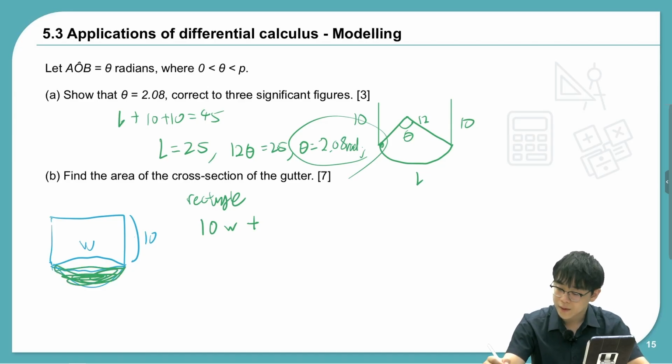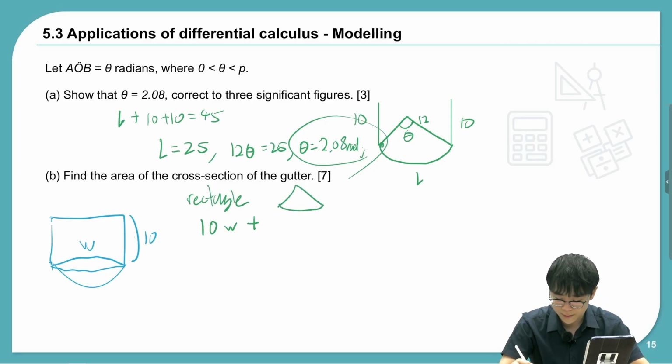To do that, we add the sector area and then subtract the triangle area. Clearly, this is the entire sector, but we want to subtract the triangle area. That allows us to get the total area, this shaded area.